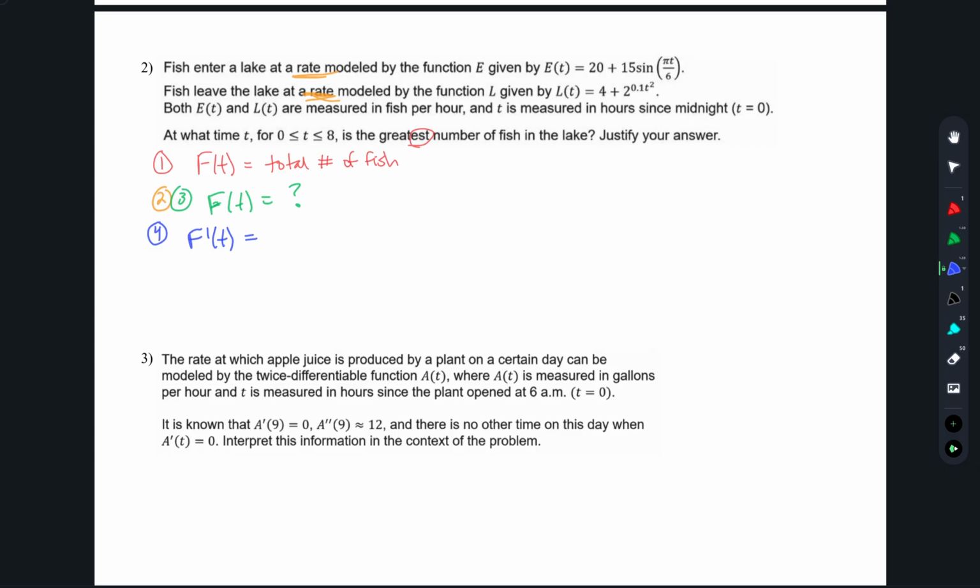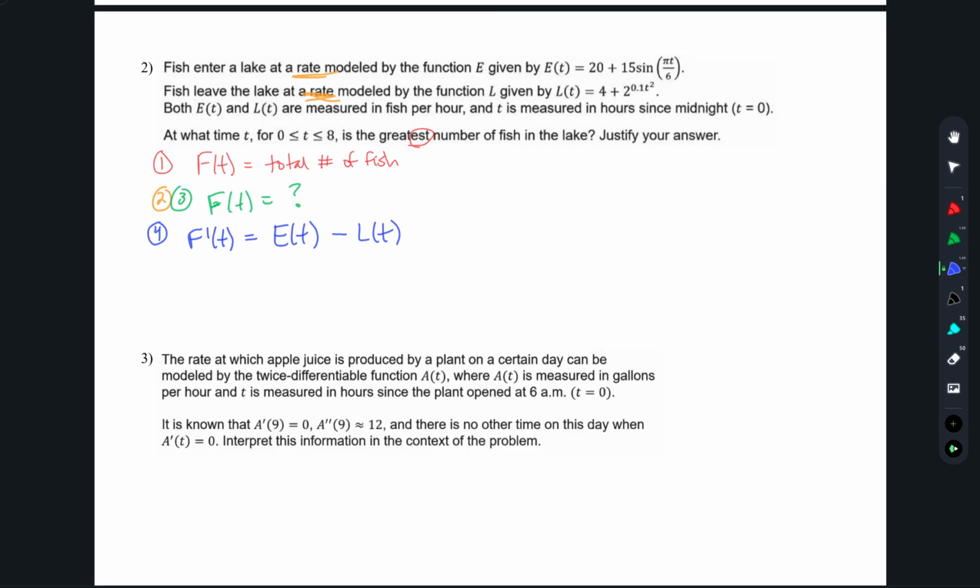We got rates. We have entering the lake and leaving the lake. So is it entering the lake? Wouldn't that be E of t? Entering the lake would be the derivative, right? Minus leaving, L of t. So this is a weird one because you can bypass this step because we already have the derivative, which helps me get my maximum anyway.